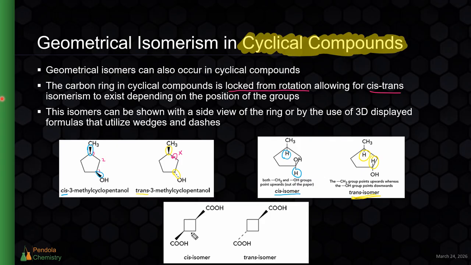So if we have something like this, where we have 2 carboxylic acids in a cyclobutane, if we show both of those carboxylic acids with wedges, we know that's a cis isomer because they're going to be on the same side. It doesn't really matter if we can visualize it or not. We can easily show it with that. And then the trans isomers will have one with a wedge and one with a dashed line.